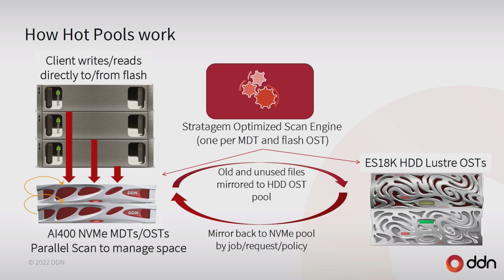You can imagine that your application is handling files residing on your flash tier, and there are internal scanners on MDT and OST devices that are analyzing file accesses and then mirroring those files to disk tiers in the background. And you can obviously do the other way around and, on demand, mirror your files back from the disk pool to the flash pool.